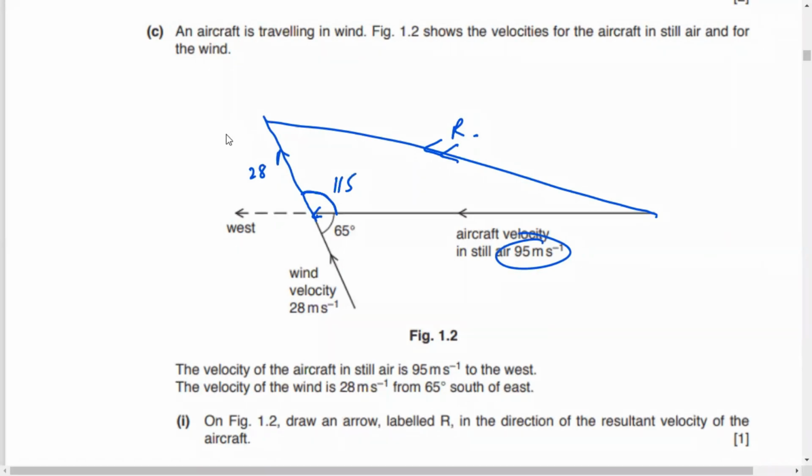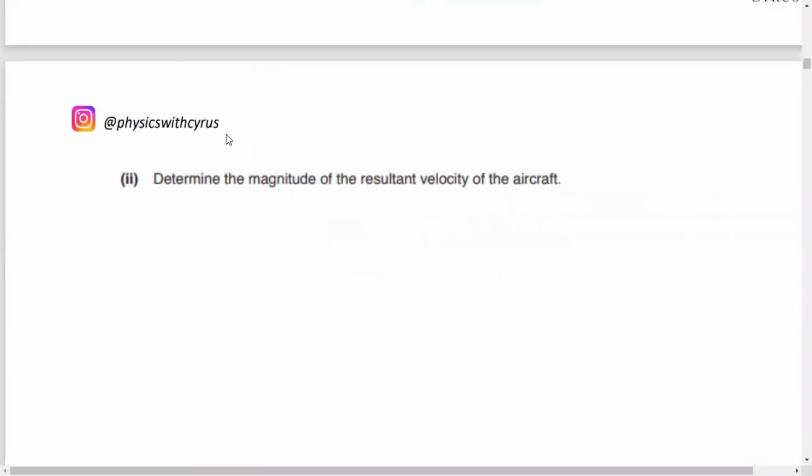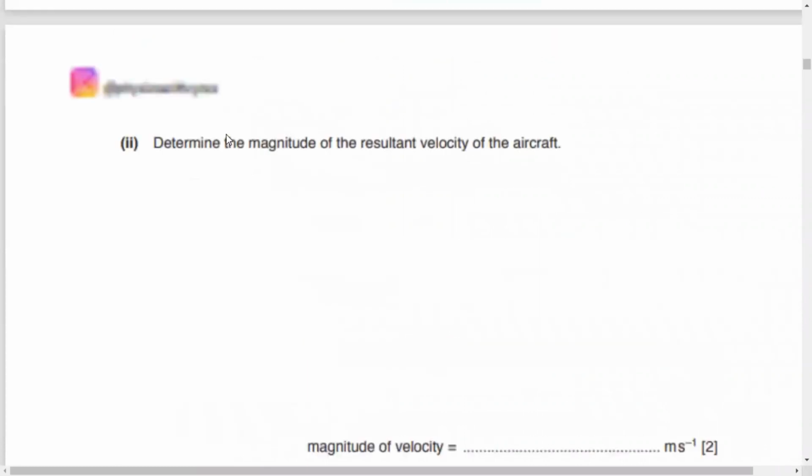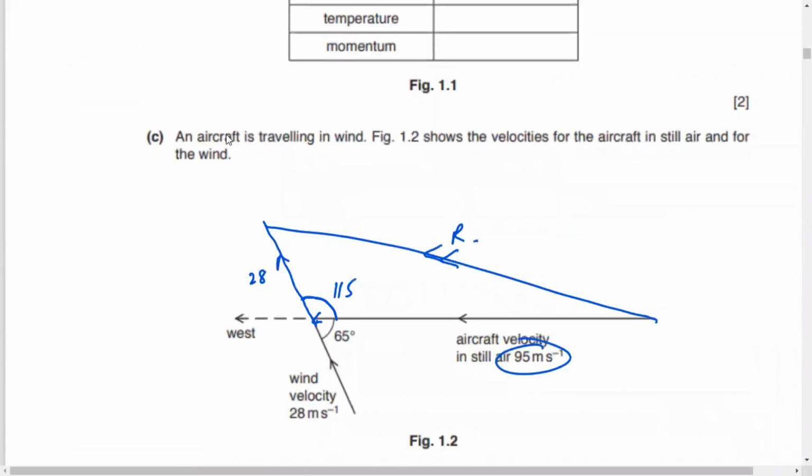It's very simple, right? In the next part, determine the magnitude of the resultant velocity of the aircraft. They've asked you, and what you'll do is apply the cosine rule. So you have c square is equal to a square plus b square minus 2ab times cosine of c, and once you put in the values, you'll be able to find the answer.